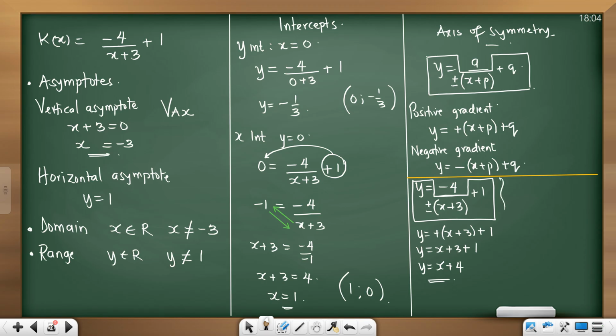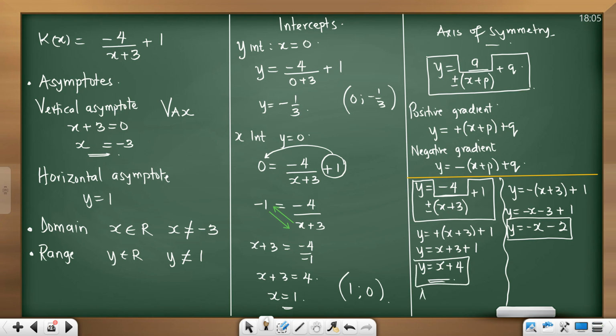And if I want the one with the negative, the examiner would be specific. Then in front of the bracket, it will be negative. And then you simplify. Remember, you distribute the negative. 1 minus 3, minus 2. Axis of symmetry with a positive gradient.